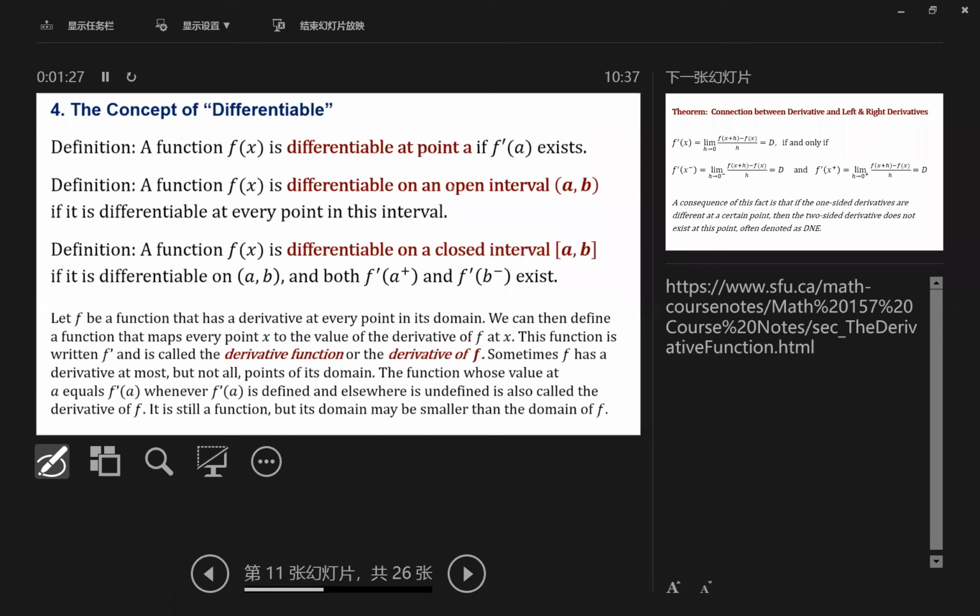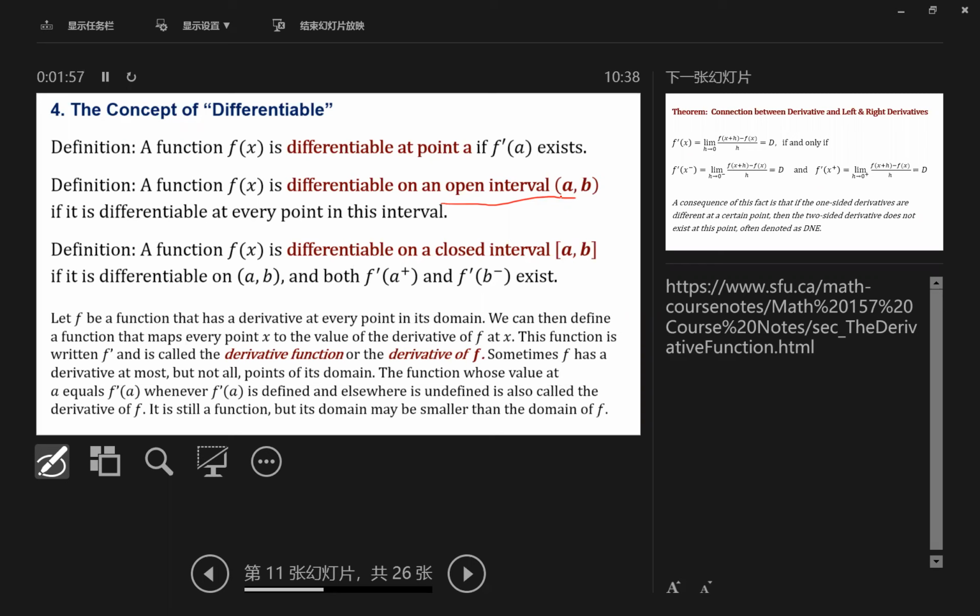Be careful with the word here, open interval. Next, a function f(x) is differentiable on a closed interval [a, b], inclusive, if it is differentiable on the open interval (a, b) and both the right-side derivative at a and the left-side derivative at b exist.